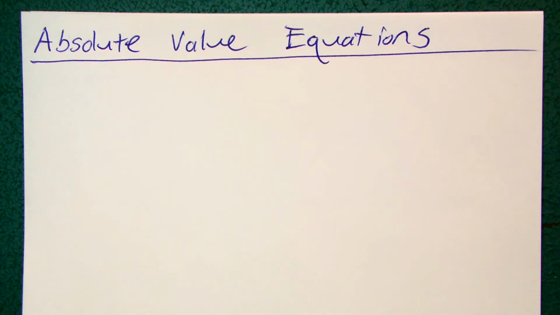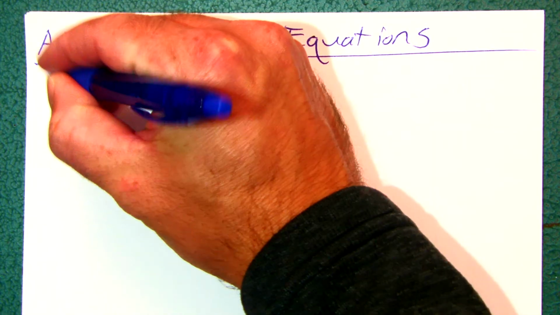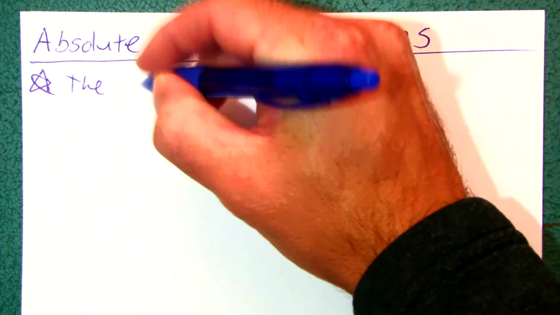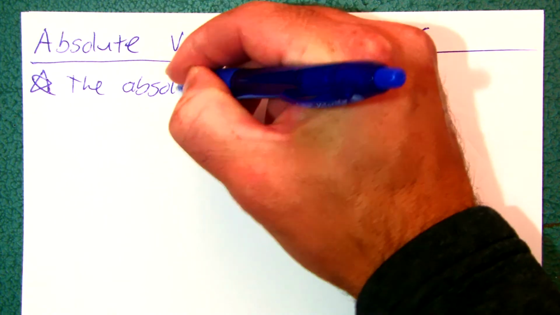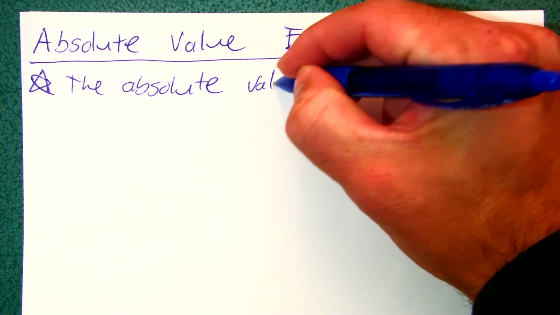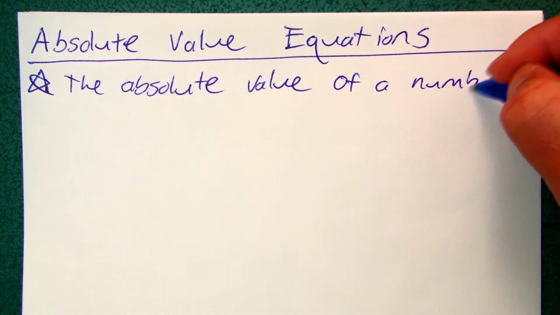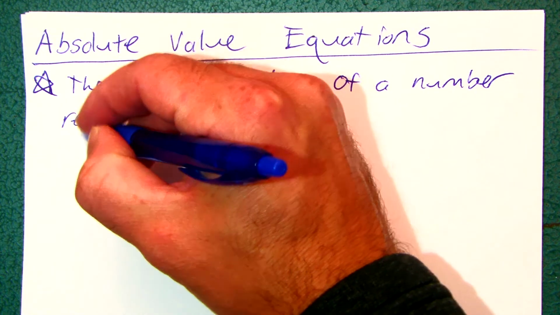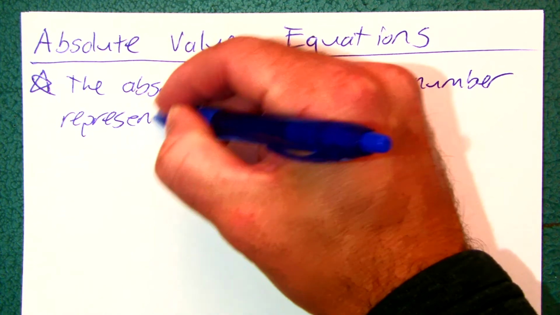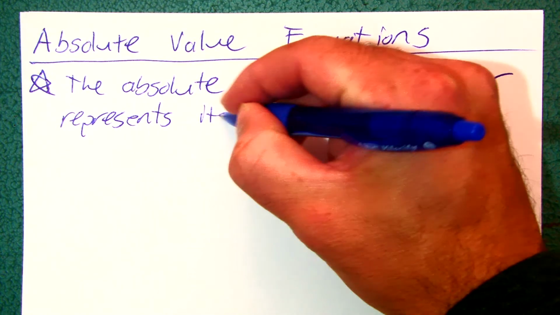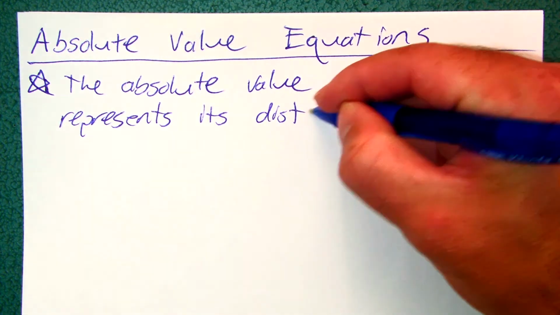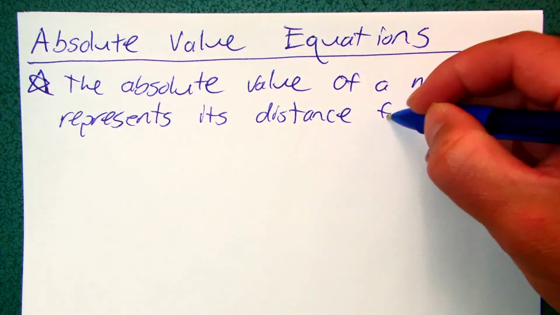So our main thing when we're working on absolute value equations is to always keep in mind that the absolute value of a number represents its distance from 0.